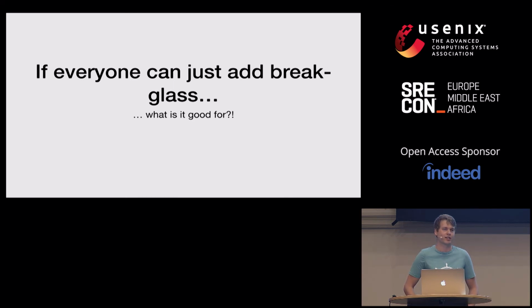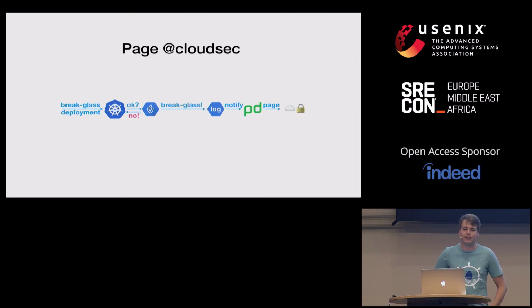gain access to your cluster and then deploy all the containers they want into your production systems by just adding the break glass annotation. So what we need to do is log the break glass event, which Kritis obviously does for you. We then sift through our logs, and whenever we find a break glass deployment, we notify PagerDuty, and PagerDuty will page CloudSec, which is my team and me.